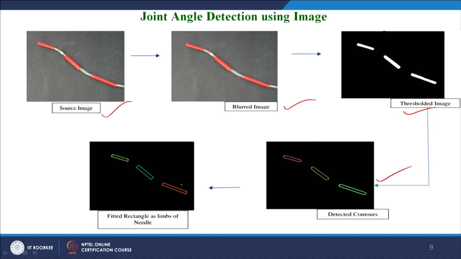Then we got the joint angles between the successive rectangles. So, this way we can find the joint angles. This is theta 2, this is theta 3, this is theta 4.